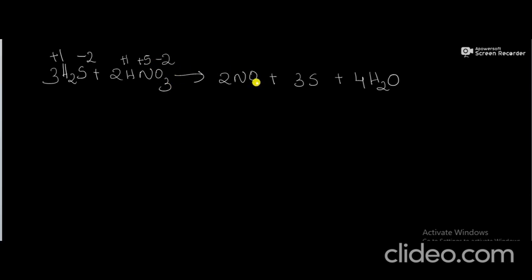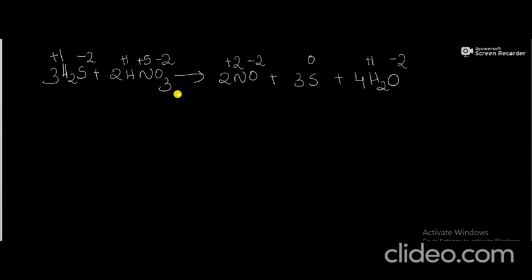Then in the case of NO, oxygen is -2, so nitrogen is +2. Then sulfur in elemental form has an oxidation number equal to 0. In the case of water, oxygen is -2 and hydrogen is +1. These are the oxidation numbers of all the atoms.